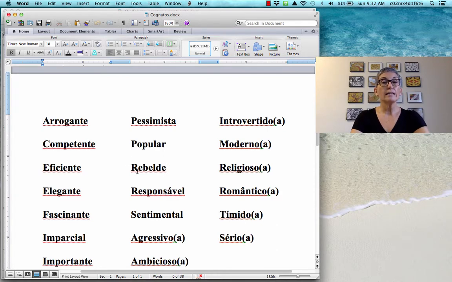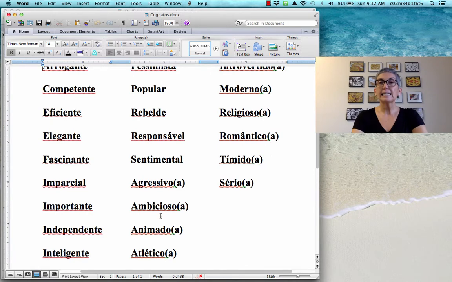Remember that the R at the beginning of the word is always going to be pronounced as a H, okay? The H sound. Rebelde, responsável, sentimental, agressivo. So here, when you have the A in parentheses, it's because the word has a feminine form, ok? Então, agressivo, agressiva.